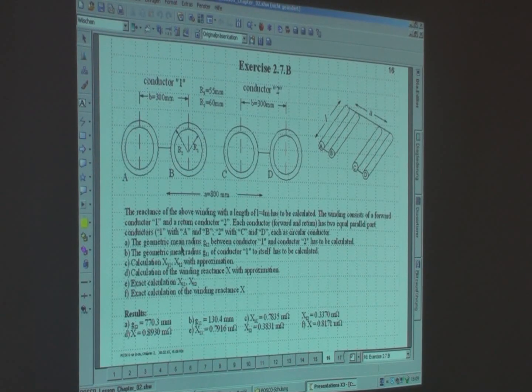Which value has G11? I know it. I ask you.